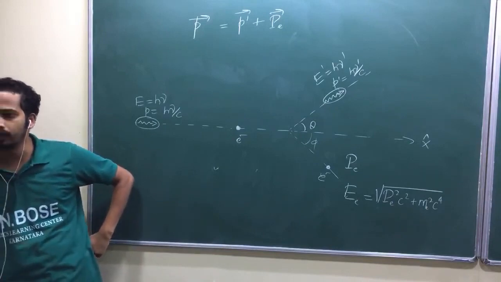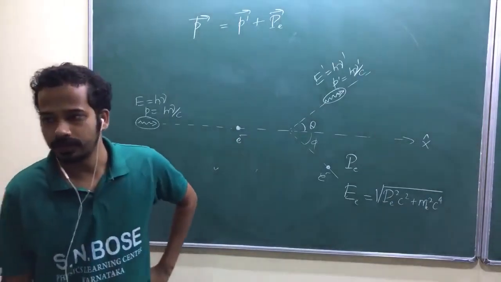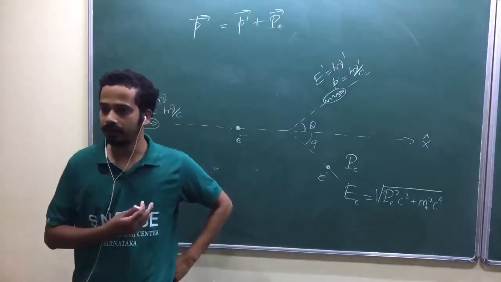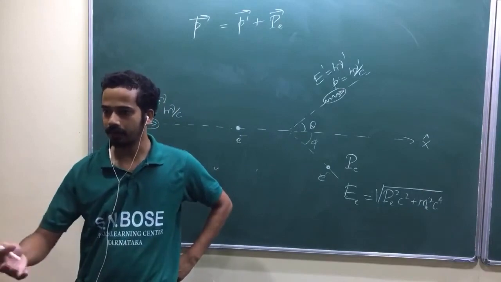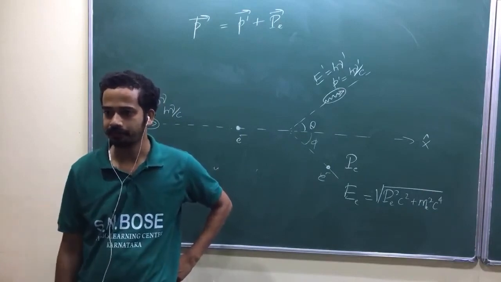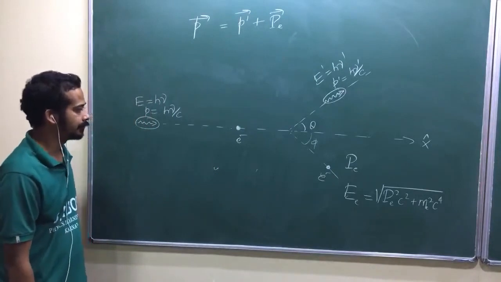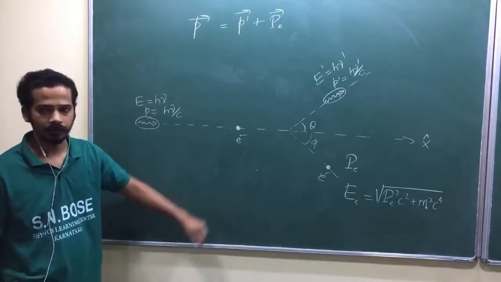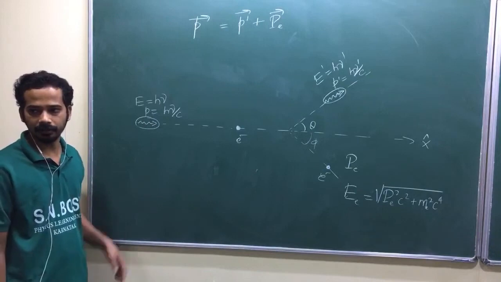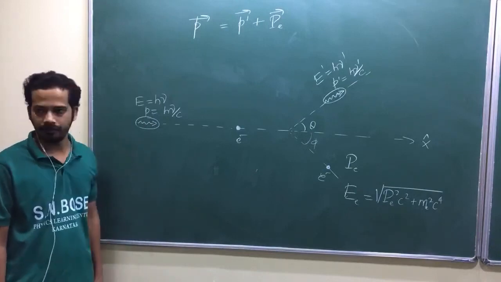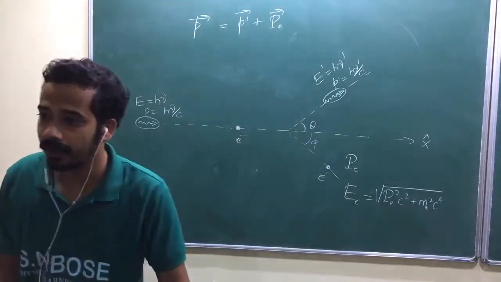You are talking about the situation of a diffraction kind of thing, where the incident wavelength should be comparable. Then only it will see the electron. When the electron is there, then only it is scattered. If I have more wavelength, scattering will not happen like that. Okay, so that's a good reasoning, but let me check out what is the proper reasoning behind.